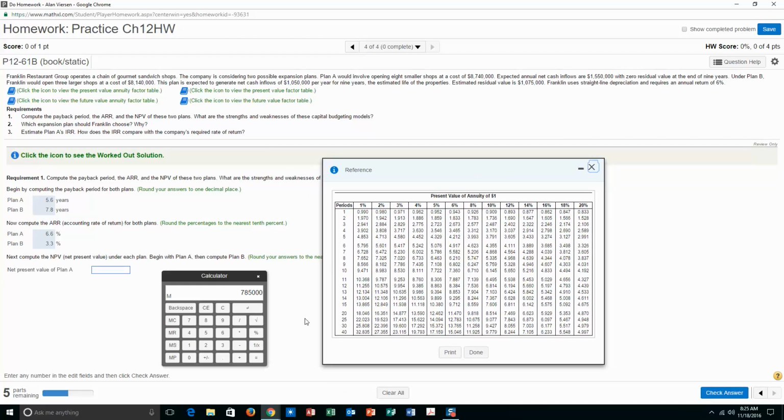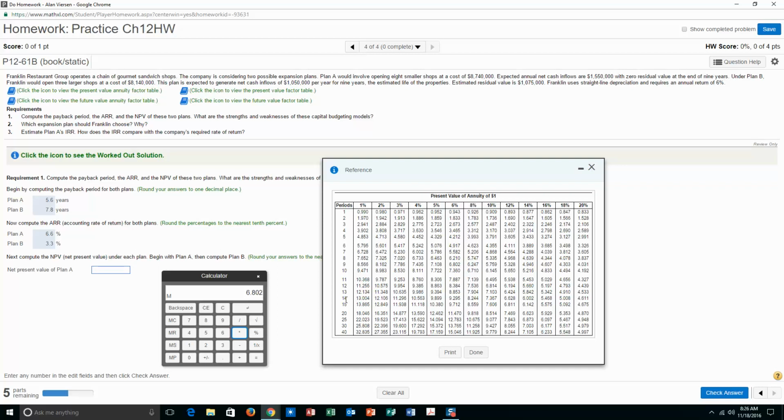I'm going to take the annual cash flows, which in Plan A is once again 1,550,000, and then I'm going to multiply this by the present value of annuity factor at 6% because my annual return is 6%, and then for 9 years, so it's times 6.802.